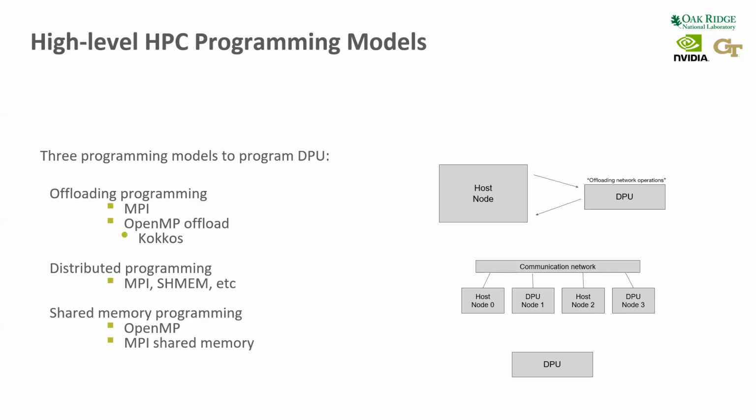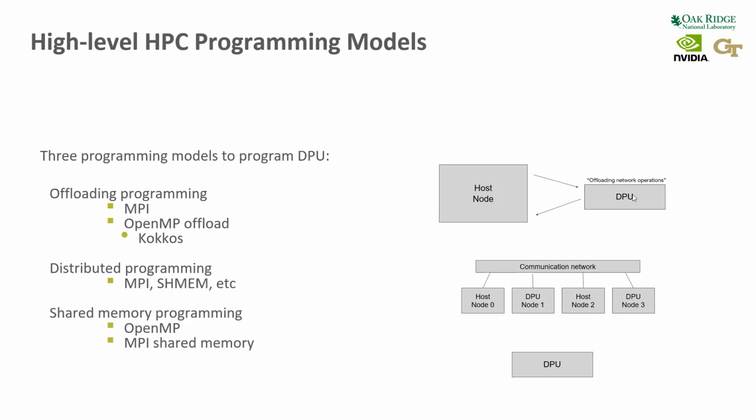One of the modes is what we call the offloading programming model, where we have a compute node that is going to offload certain operations to the DPU, and then that can be used to use the accelerated units in the DPU to accelerate the operations there.